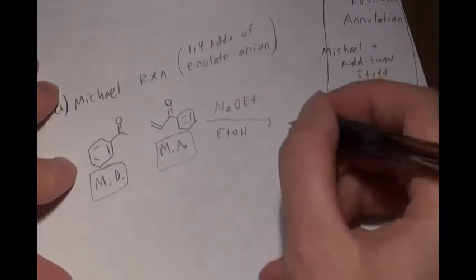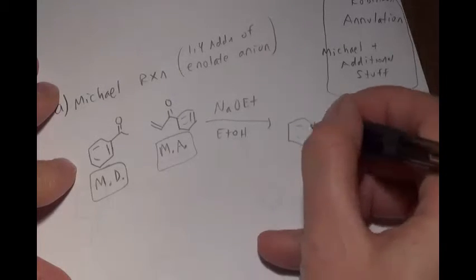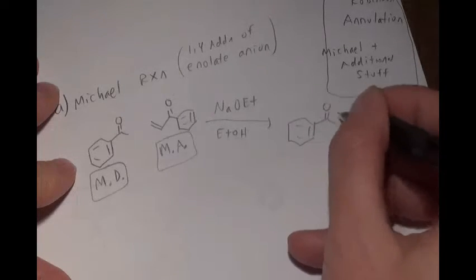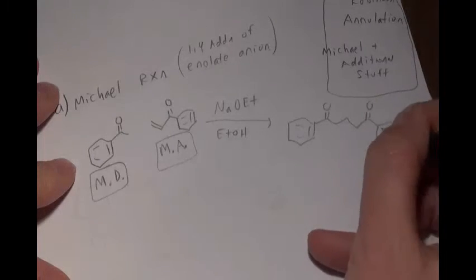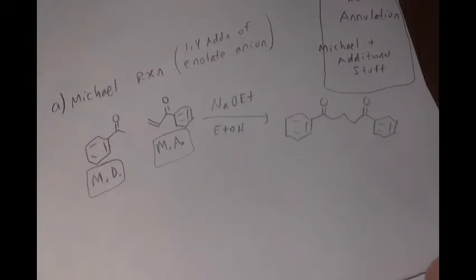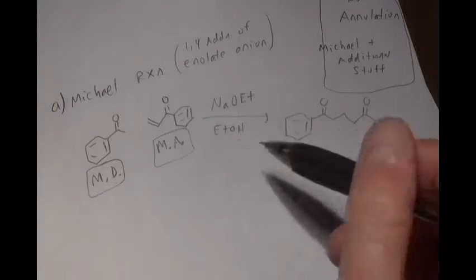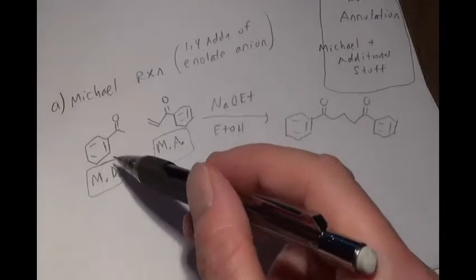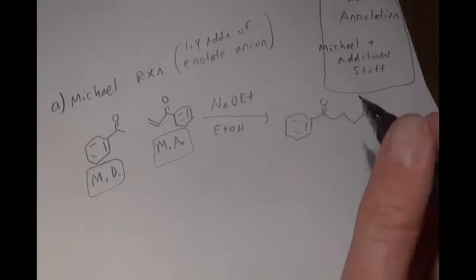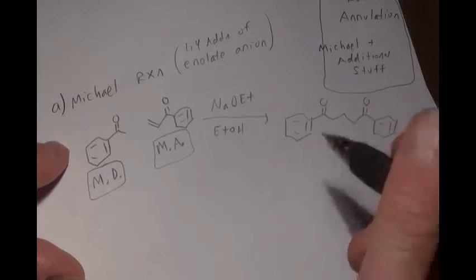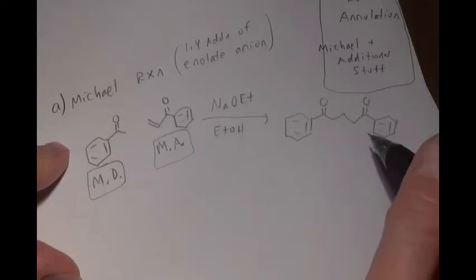The product of this is going to look like that. You can imagine it's just the attachment of the left thing and the right thing, and it makes this long thing. We're going to give this type of product a name, the product of a Michael.